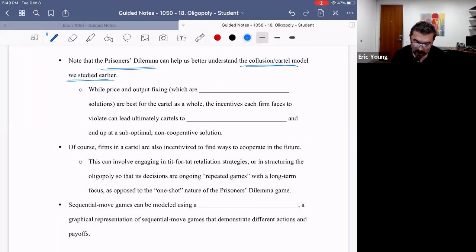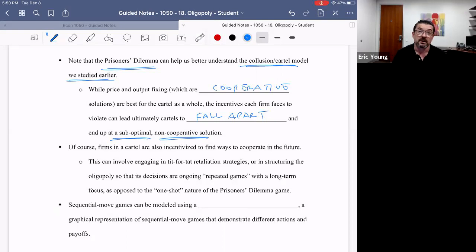While price and output fixing would be great for the cartel, the cooperative solution best for the cartel as a whole, we can now predict that the incentives that each individual firm faces will ultimately cause the cartels to fall apart and end up at a suboptimal, non-cooperative solution, box 4 and not box 1.